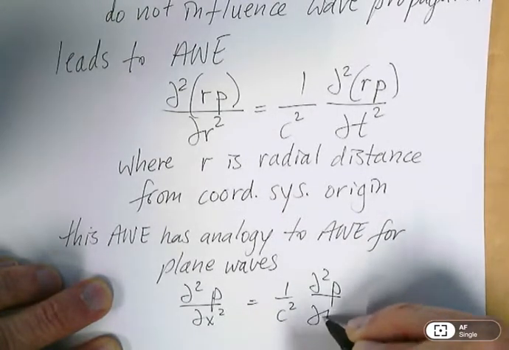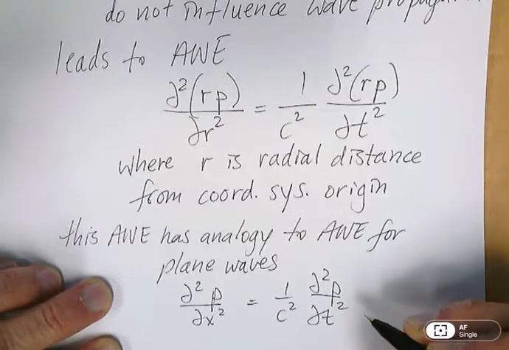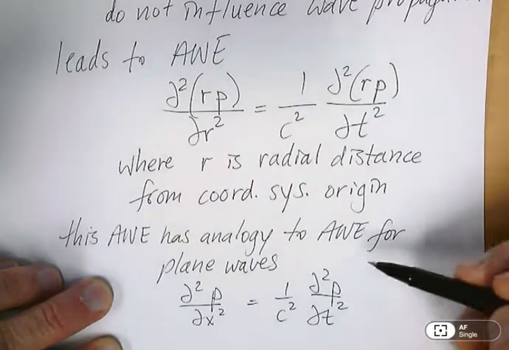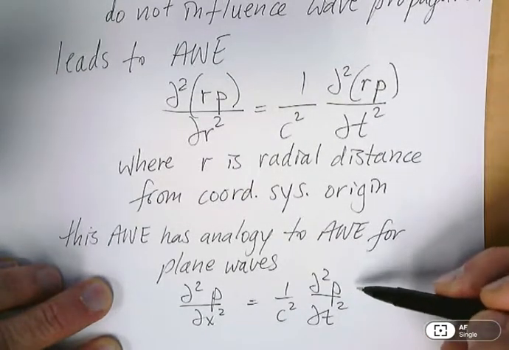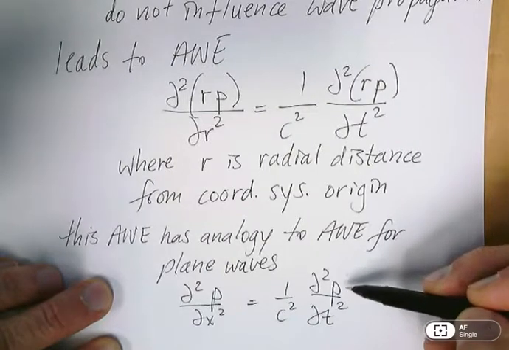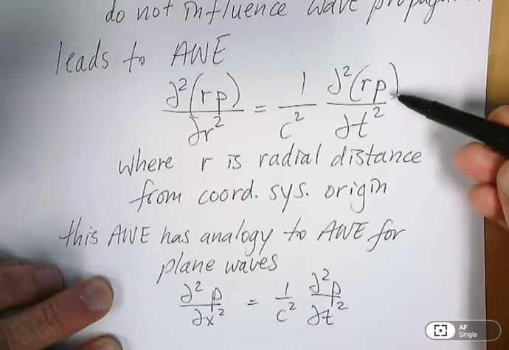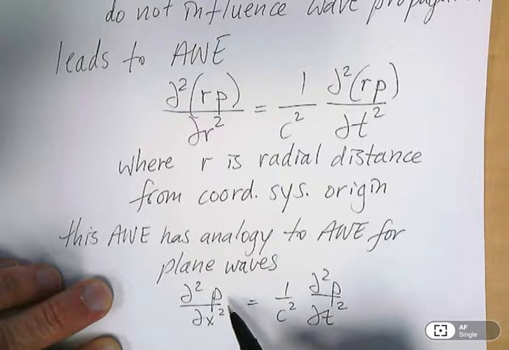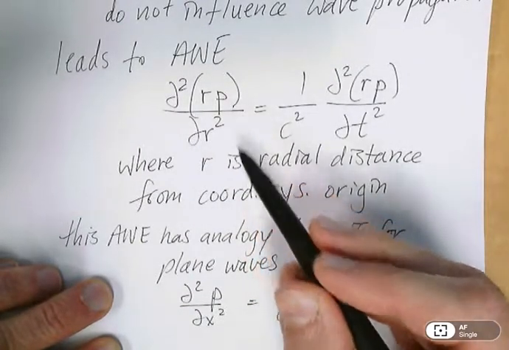So we see that everywhere there was just a P in the acoustic wave equation for plane waves, if we substituted an rP, so P to rP, we would basically have the same thing.